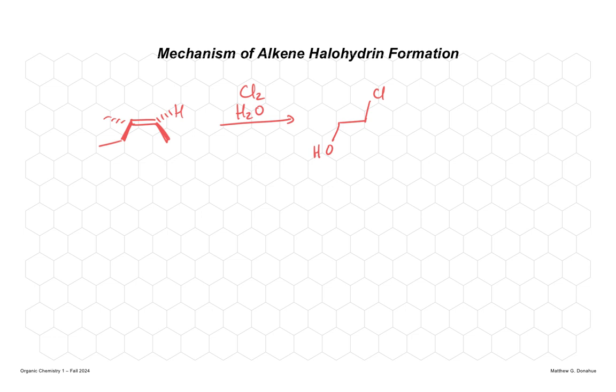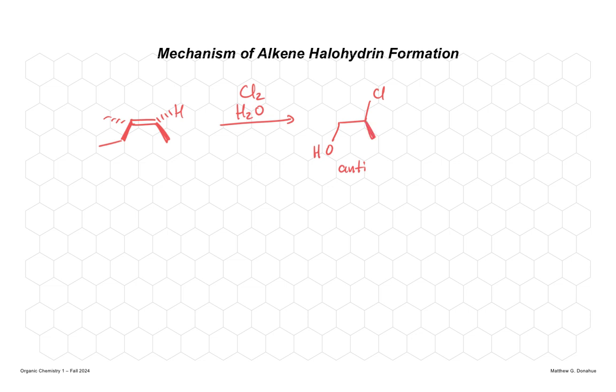One thing I'll point out, this is going to give you an anti-addition, so that's how I've started things off here. Now I'm going to put in the existing stereochemistry that was present in the alkene.